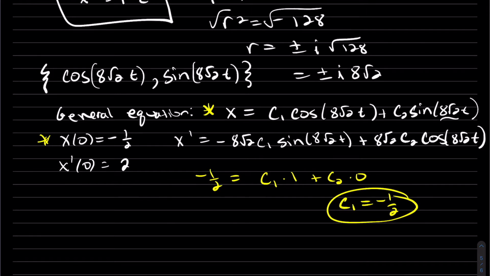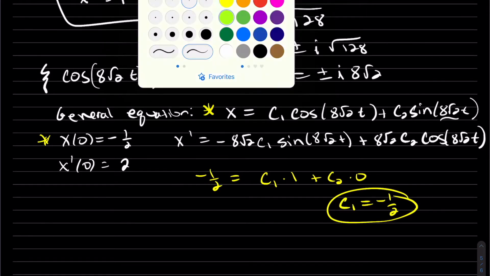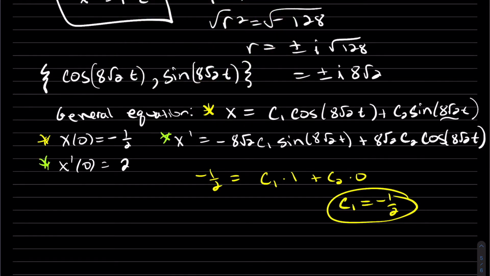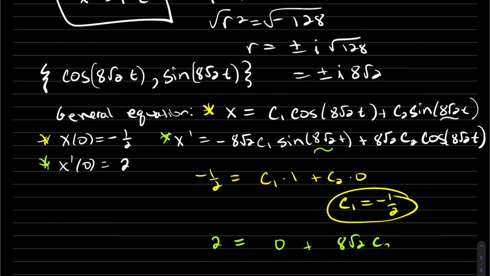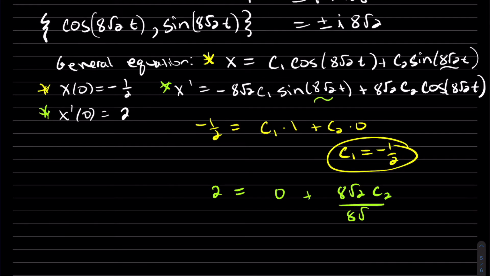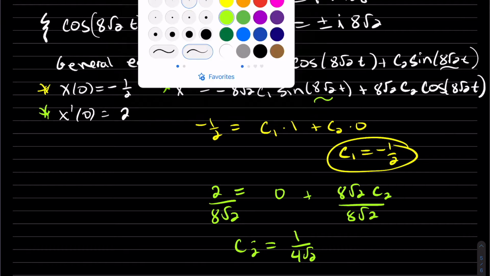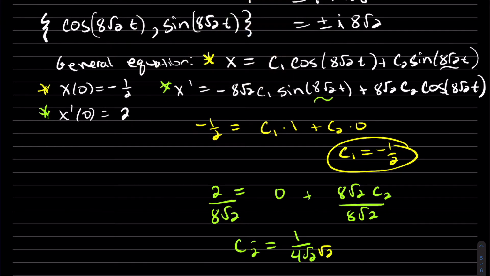And our second derivative, plug this in. So 2, we get 0 there, and then 8 root 2 times C2. Divide by 8 root 2, divide by 8 root 2, so C2. And if we want to rationalize it, maybe it'll turn out a little nicer.